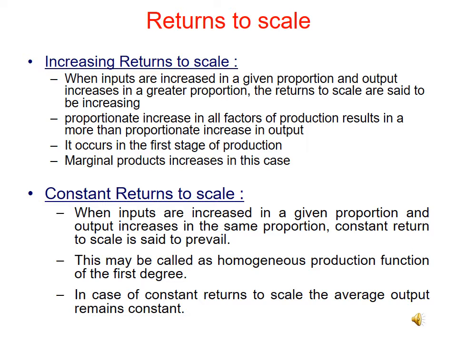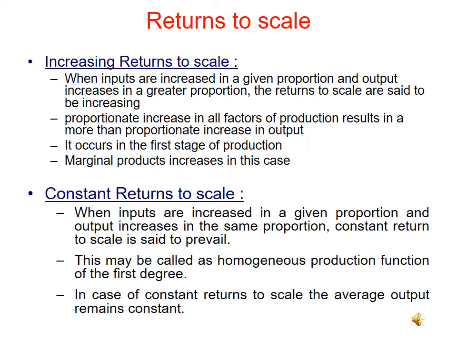So this needs to be remembered: when the simultaneous increase in all the inputs in a given proportion leads to the same proportionate change in the output level, then we call it constant returns to scale.